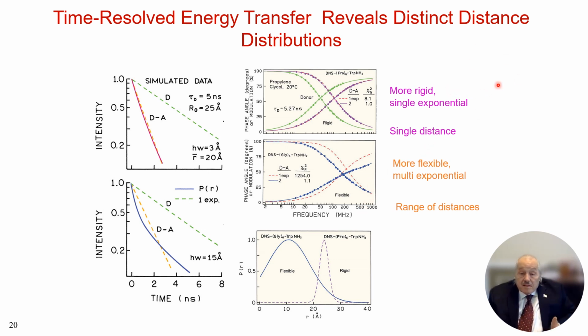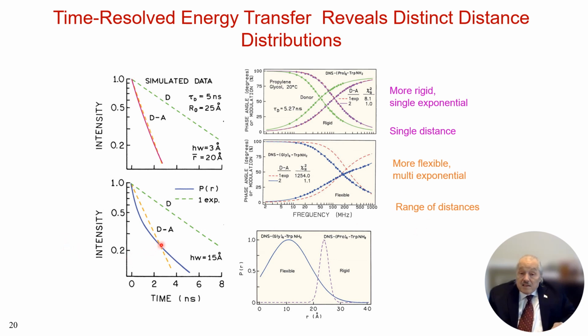So let's look at the frequency domain results, which are the same ones you saw before, but now you know what the data are for. So we have the hexaproline case, and as predicted, for a single donor acceptor distance, the donor decay remains a single exponential, and it's just shifted to higher frequency, showing a reduced lifetime.